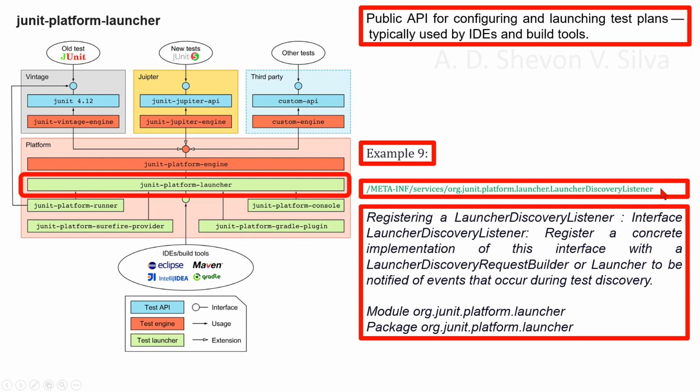Here, in addition to specifying discovery listeners as a part of LauncherDiscoveryRequest or registering them programmatically via the Launcher API, custom LauncherDiscoveryListener implementations can be discovered at runtime via Java's ServiceLoader mechanism and automatically registered with the Launcher created via LauncherFactory.